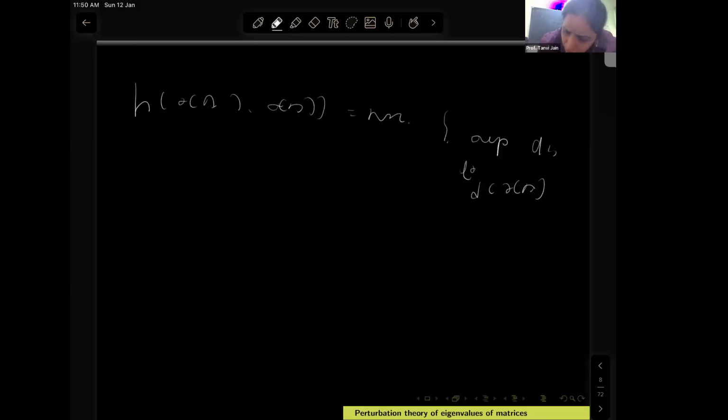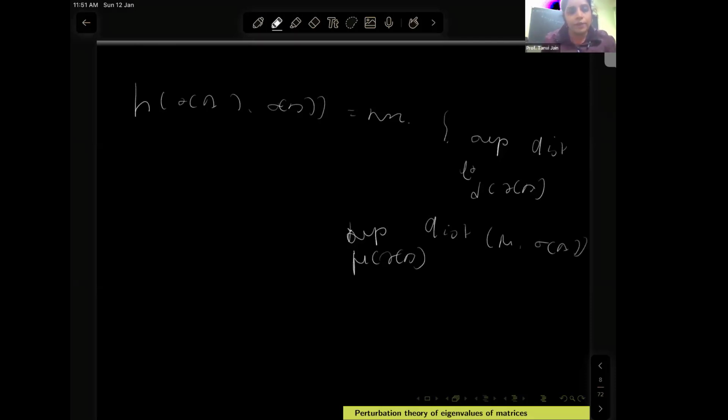I'm looking at H(sigma A, sigma B), that is the maximum of the supremum over lambda in sigma A of the distance between lambda and sigma B, and the supremum over mu in sigma B of the distance between mu and sigma A.